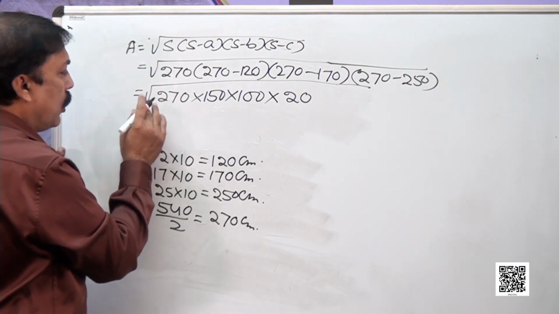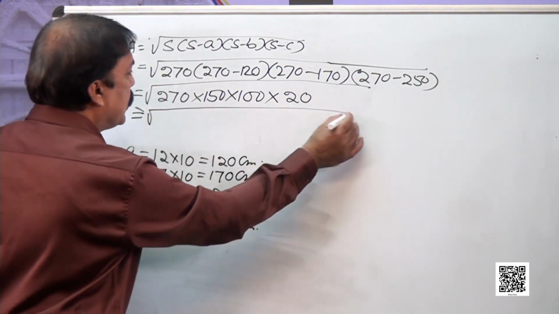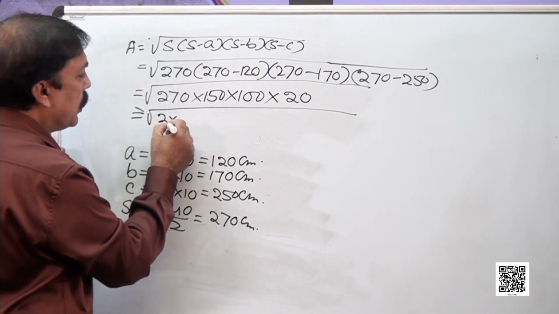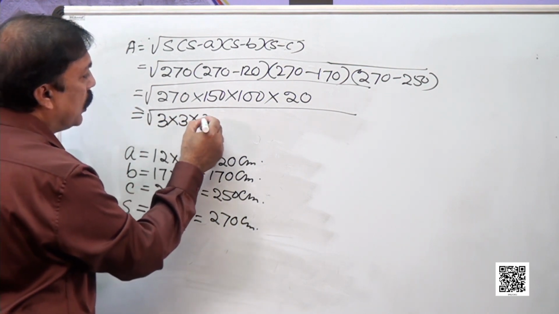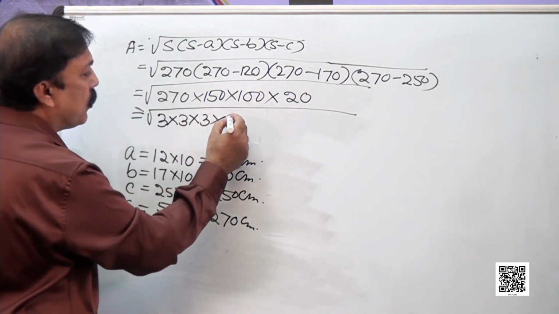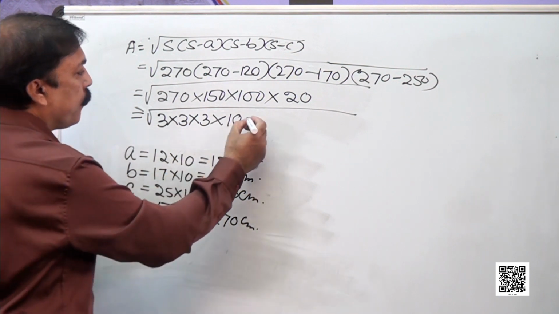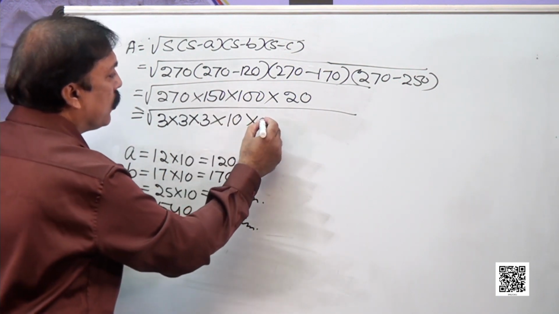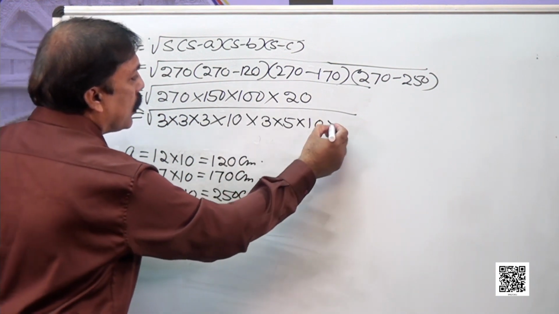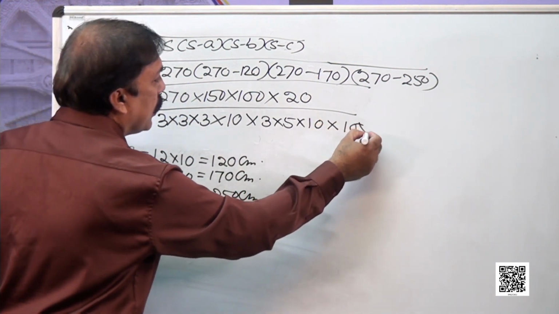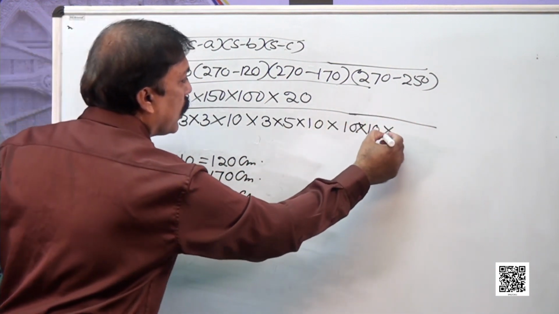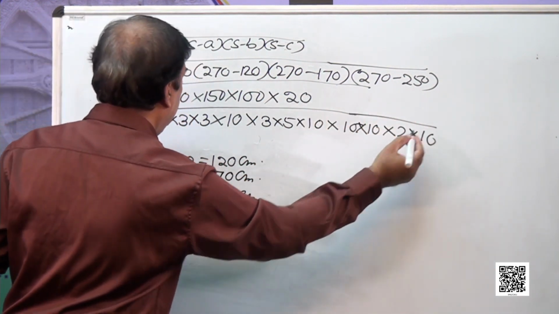So if we rearrange this, we have 27, that is 3 into 3 into 3, and for 150, 3 into 5 into 10, 100 is again 10 and 10, and in place of 20 we can write 2 into 10.